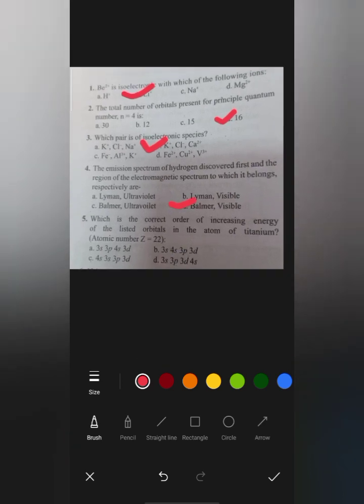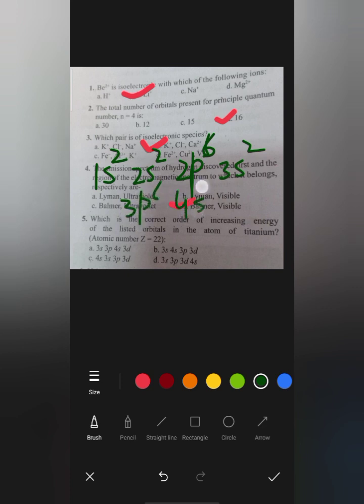Fifth question: what is the correct order of increasing energy of the listed orbitals in the atom of titanium? For this you have to know the configuration of titanium. The configuration of titanium will be 1s2, 2s2, 2p6, 3s2, 3p6, 4s2, 3d2, right?